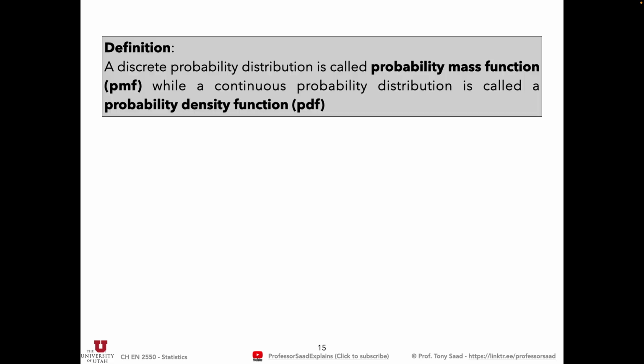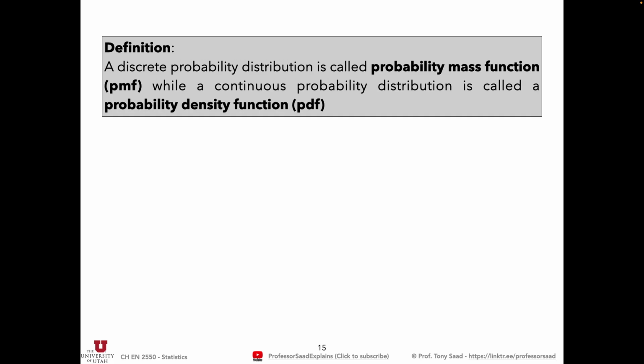Now, here's something maybe new that you hear for the first time. A discrete probability distribution is very specifically called a probability mass function, PMF.